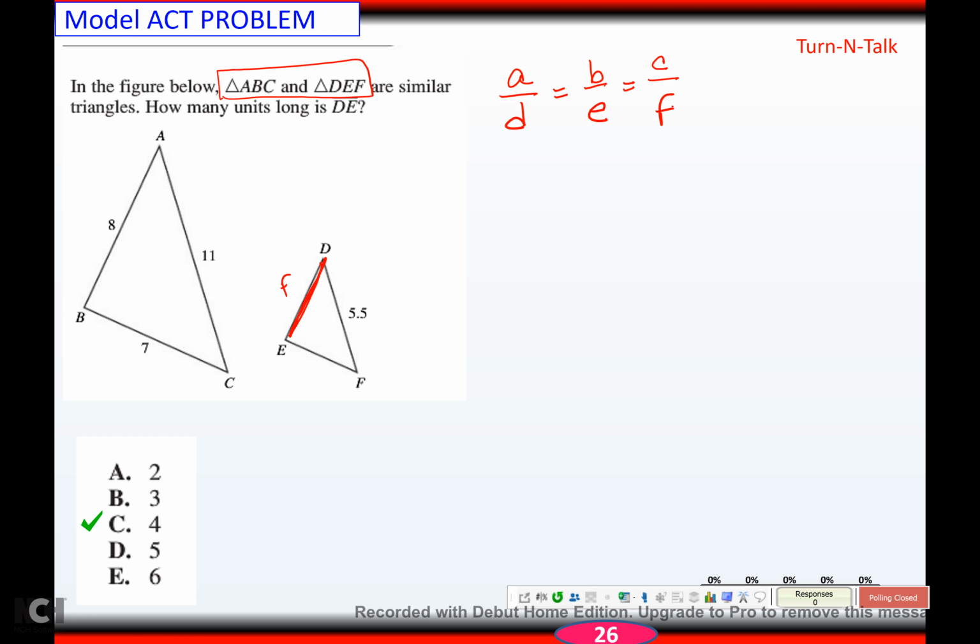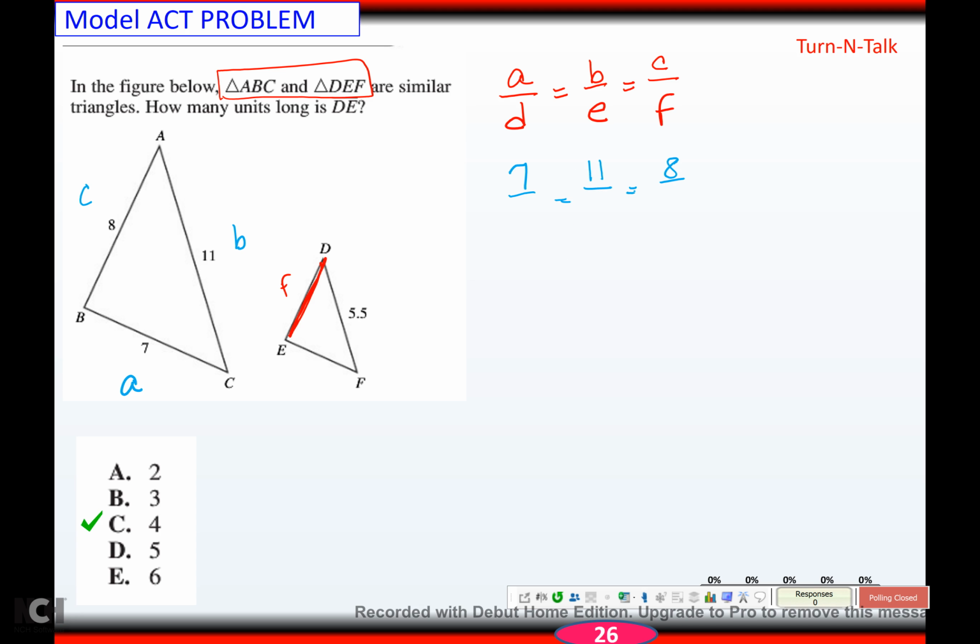So let's see what I know. This is little a, this is little b, this is little c. Little a is 7, little b is 11, and little c is 8. So I know the tops of all my fractions.